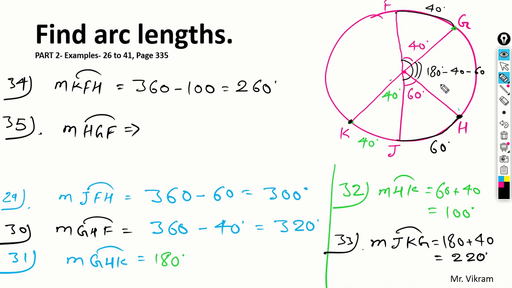This will be 80 degrees, and this is asking H, G, F. So 80 plus 40 will give you 120. Or else you can simply see it this way: the total is 180 and this is 60. So 180 minus 60 is 120. So that is this area.